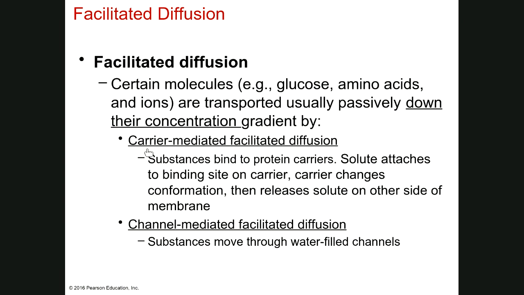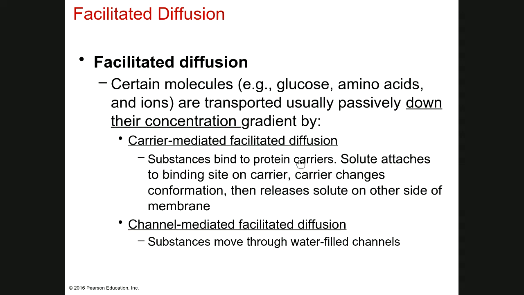There are 2 types of facilitated diffusion. The only difference between them is the structure of the protein that's facilitating the transport of the molecule. You have carrier-mediated facilitated diffusion. These proteins that exist in the membrane are called carriers.